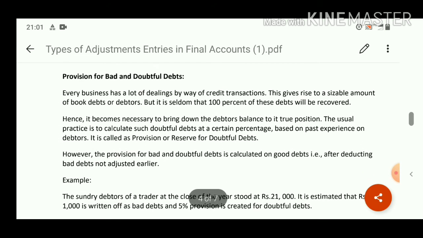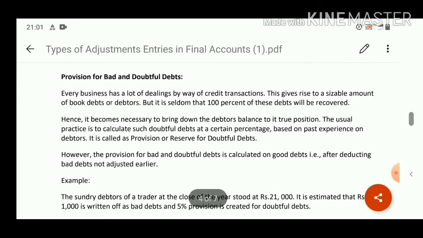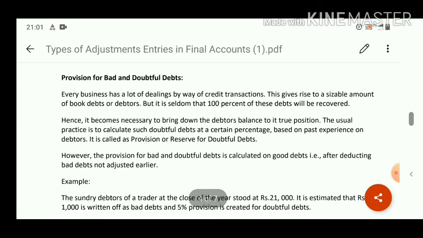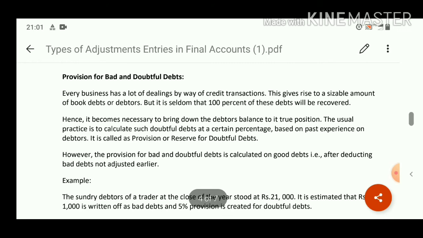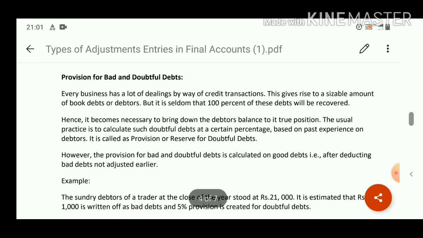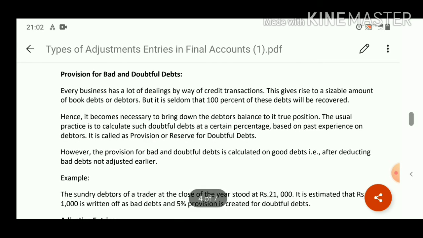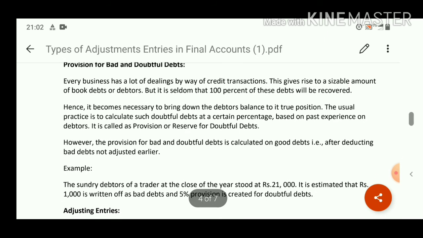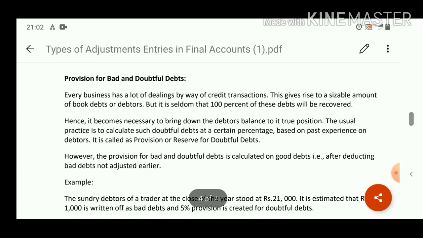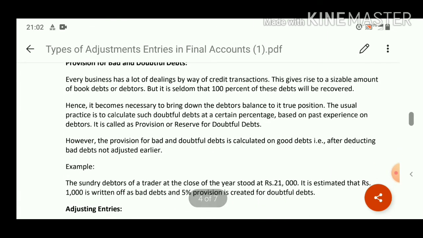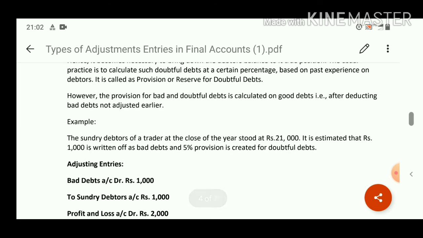What I have done, from the revenue itself, what I have earned, I have kept some percentage of that money in the name of provision for bad and doubtful debts. So it has reduced my income. It has reduced my revenue. So it's a loss to me or it's an expense to me. Therefore, again I have to record it on the debit side as reserve for doubtful debts or provision for bad and doubtful debts.